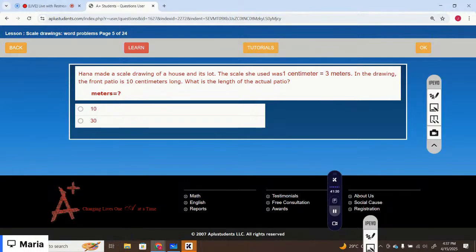Anna made a scale drawing of a house and its lot. The scale she used was 1 centimeter equals 3 meters. In the drawing, the front patio is 10 centimeters long. What is the length of the actual patio?